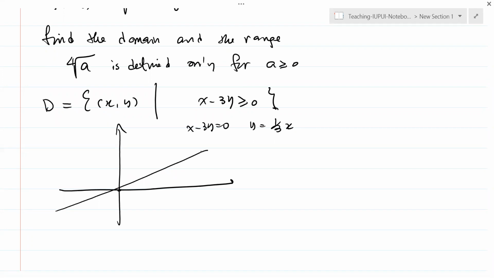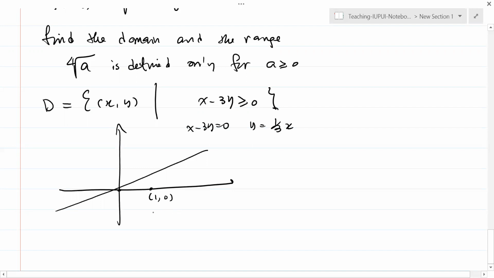You have to check because this expression x minus 3y does not change sign in any of these regions. So if at one point it's positive, then every point on the same side will be positive. Let's take a look at the point (1, 0).